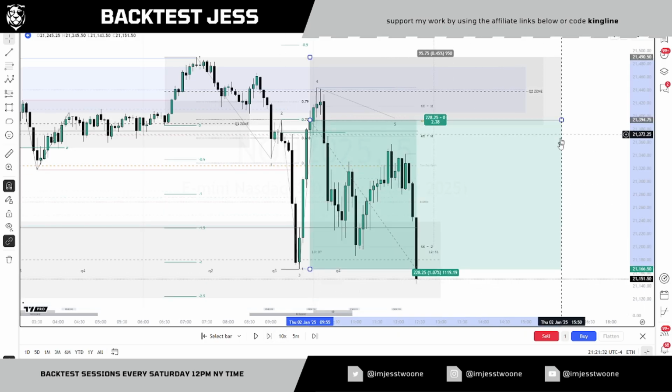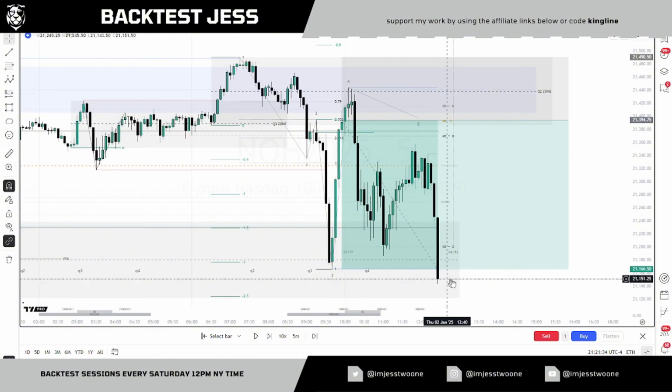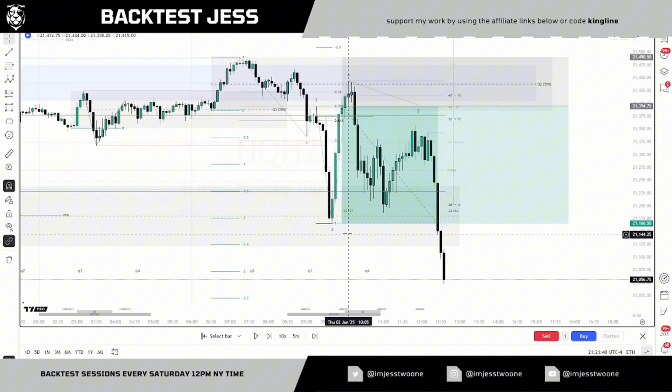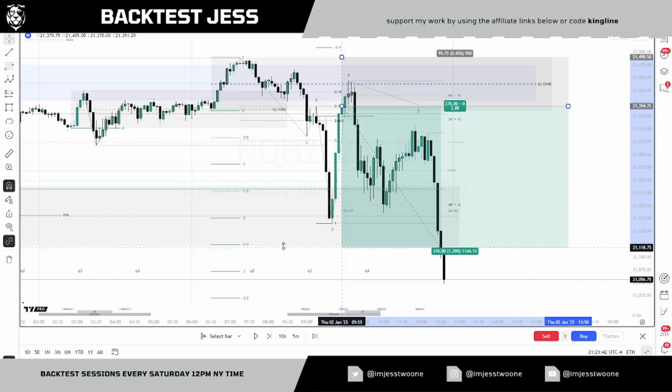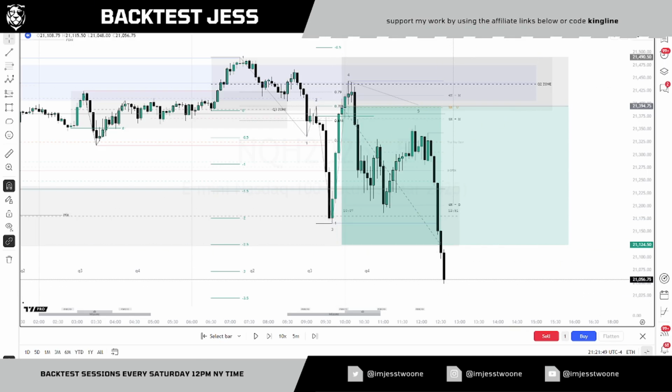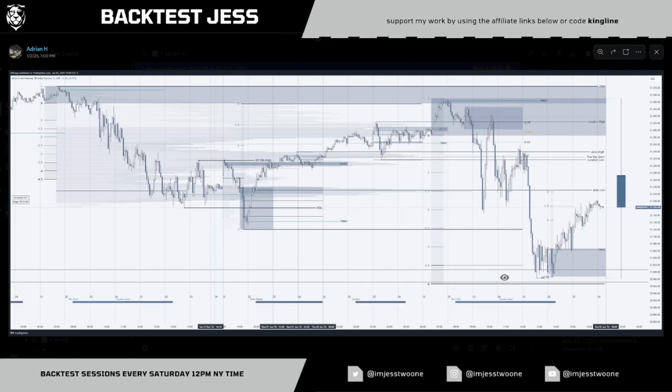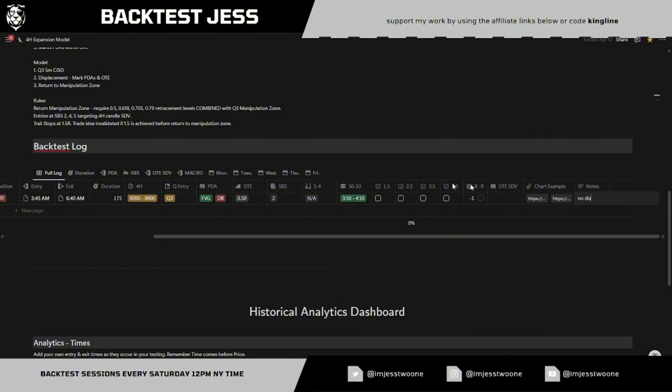Here's midnight. Okay, so there's 6, the sweep of 3. So now, okay, technically our target should be 2.5 instead of 3, because we're not targeting SBS levels, we're targeting 2.5 standard deviations according to this. Okay, hold on a second.